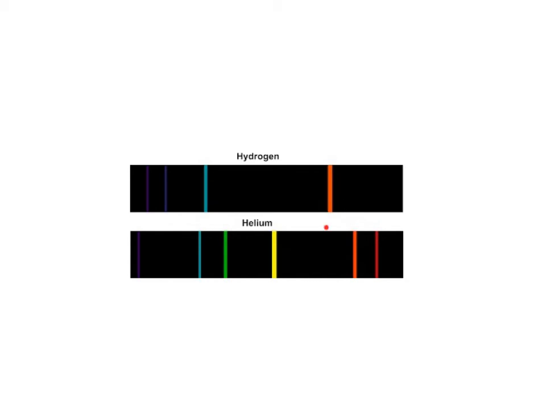So orange, for example, would correspond to one particular jump, might be from the third orbital down to the second, and then this turquoise color might be from the fifth down to the fourth or something. And again, they're quite distinctive for each different element. One use of this is that we're able to look at, say, different stars or different objects in space and look at the emission spectrum coming off them. And based off that, we're able to tell what kind of atoms they're likely made up of.